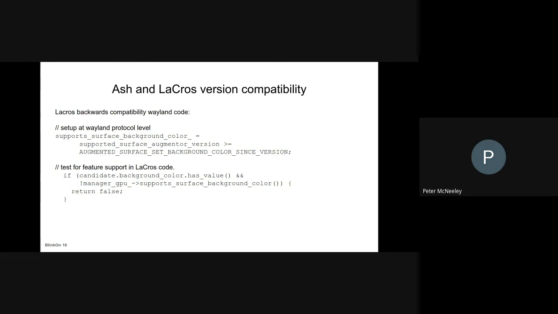But if a protocol change or an assumption change occurs, this requires conditional code version checking. So above you can see an example of such conditional checking in the Lacros Wayland client. And furthermore, a fix in Ash may actually take many versions of Lacros to propagate through.